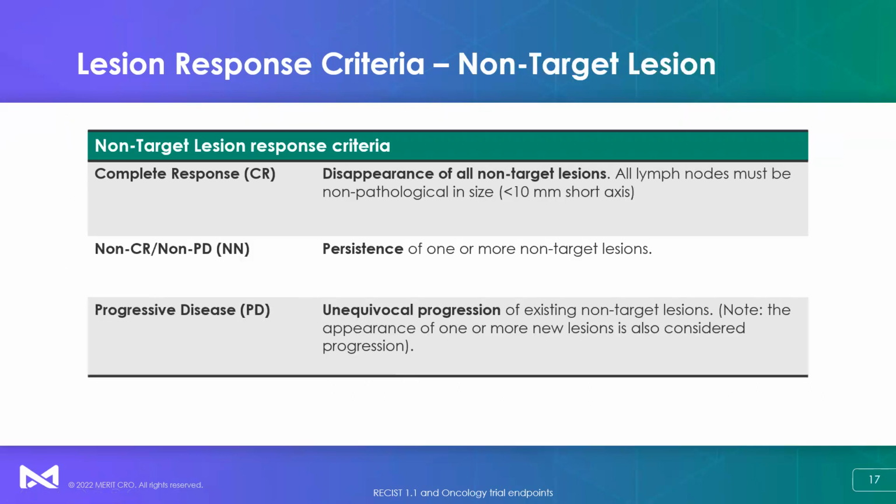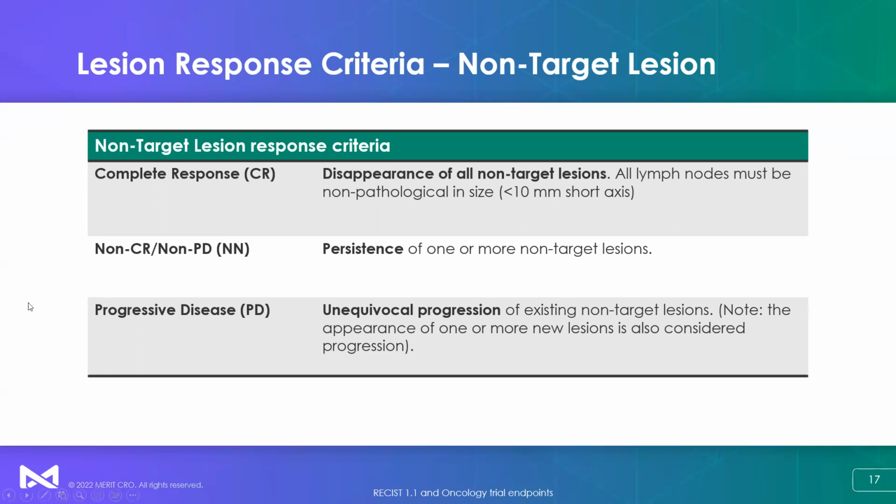For the non-target lesion, there are three responses that can be given at a single time point for the non-target lesion level response. The first is complete response, which is disappearance of all non-target lesions. Also, all lymph nodes must be non-pathologic in size, meaning 10 millimeters or less in their short axis.